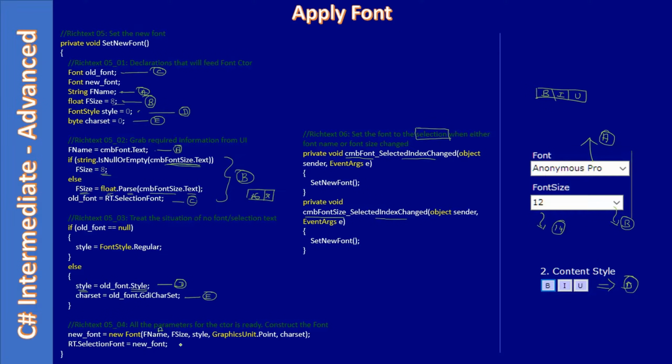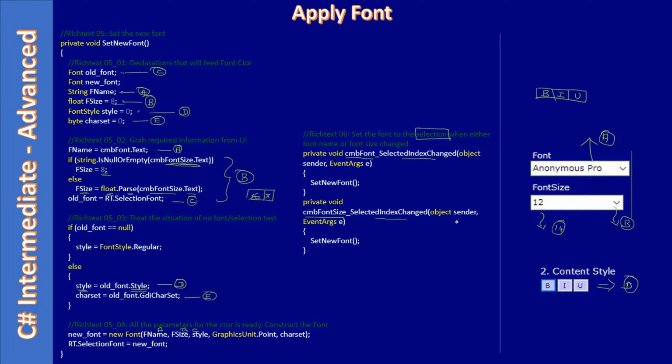That we specified here. Then B, if you see, it's font size, and we already retrieved that. This portion retrieved font size. Then style. Here style, if you see, we are not going with a default style, but we are going with a selected font style.